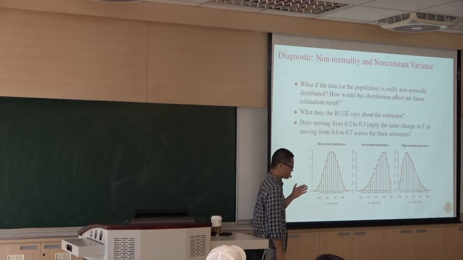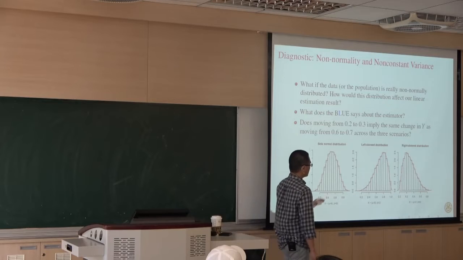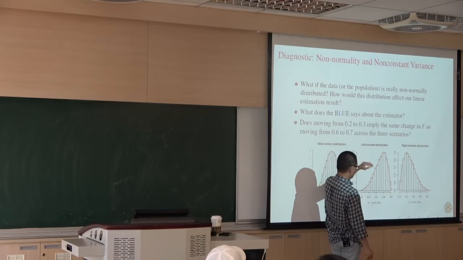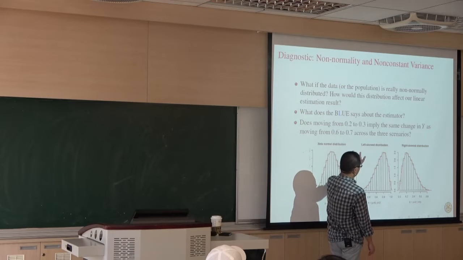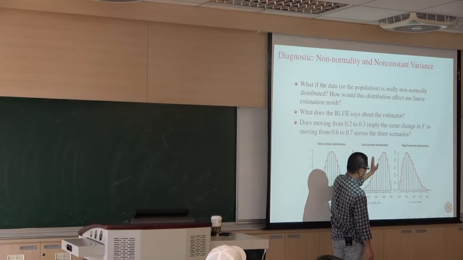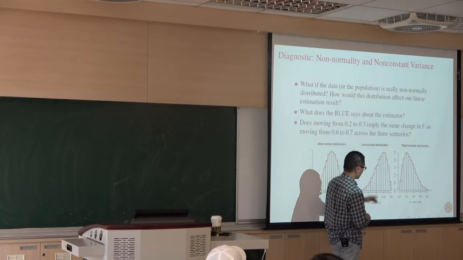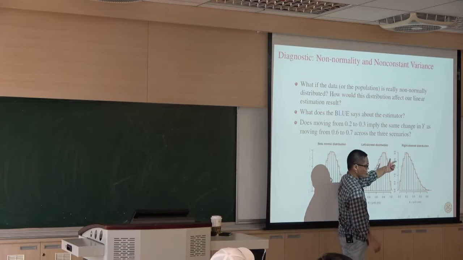For example, you can think about highly skewed data, right? When I talk about skewness, it means that the distribution of the data has a long left or right tail.